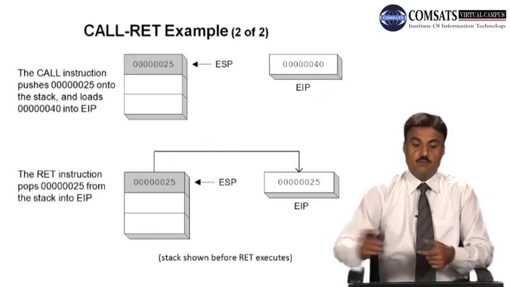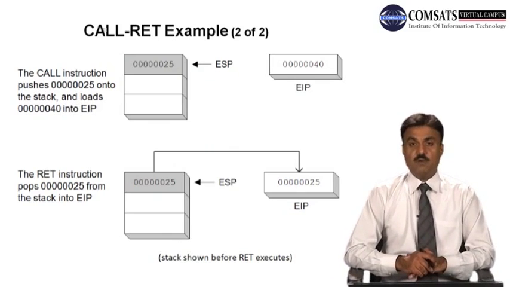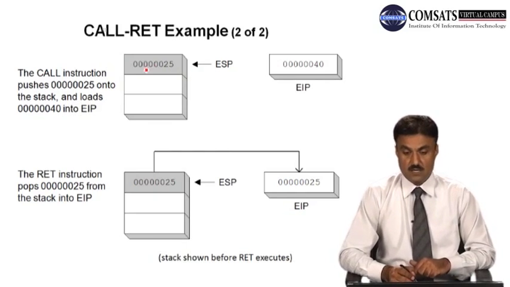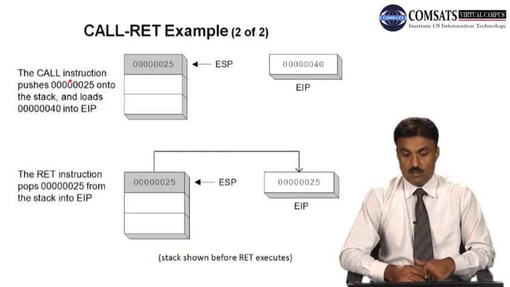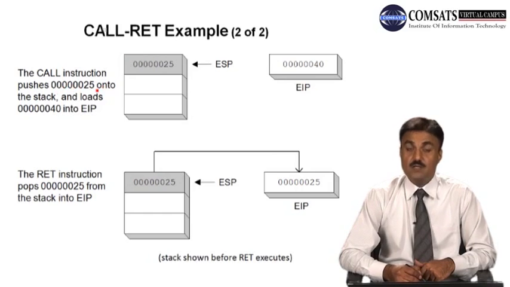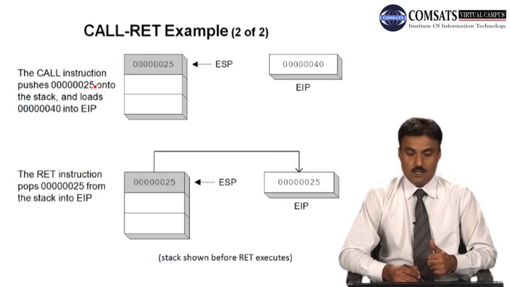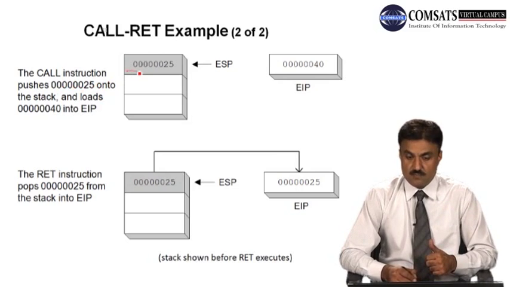Here you can see what will happen when we perform call and when we perform return. Here you can see the address: the call instruction pushes 0025, which is the next instruction after the call inside this text. So this is the address that shows where our next instruction is stored inside the main program, or in the code segment.